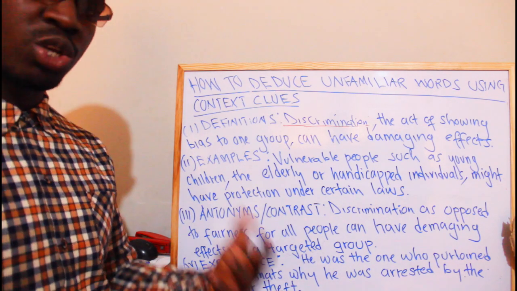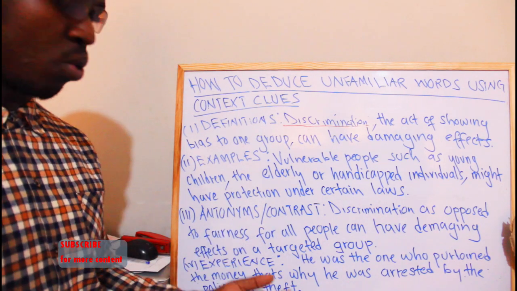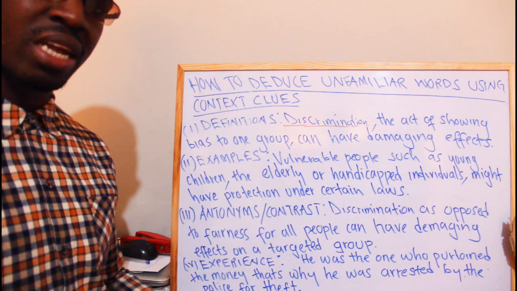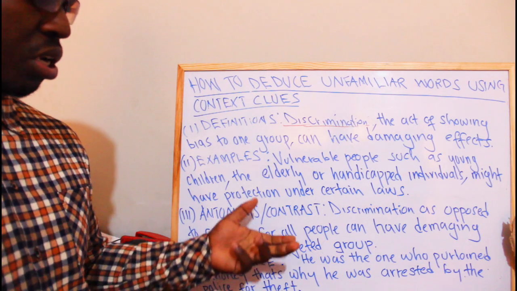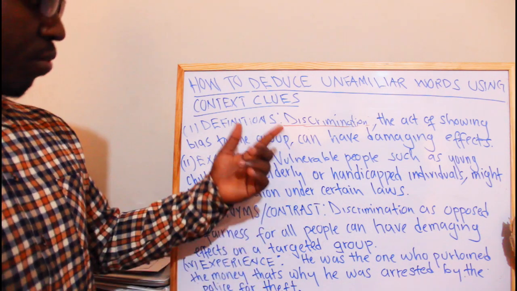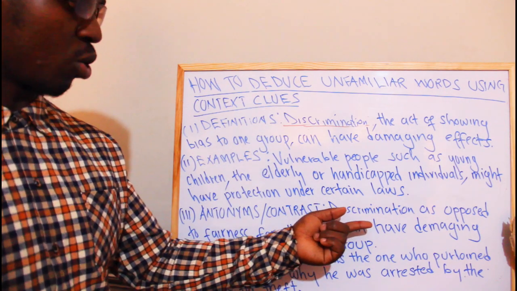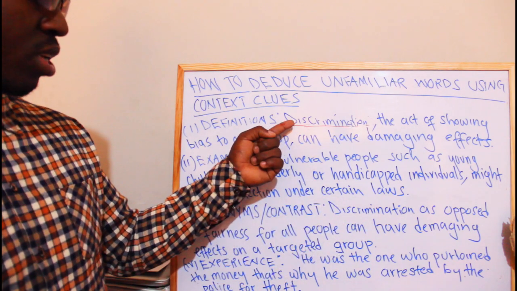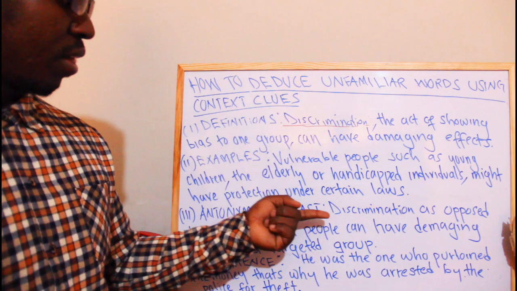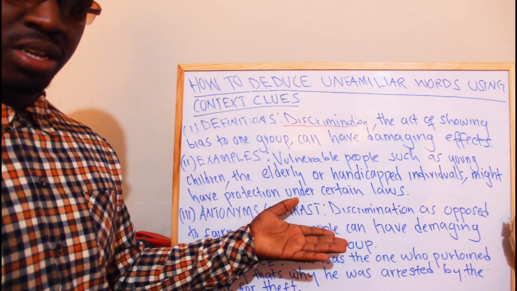Now, there are situations when we are reading where we come across antonyms, or rather contrast statements, that can help us understand certain words that we are unfamiliar with. For example, again, we still have discrimination here, as opposed to the first one, which had a definition. This one has a contrast statement.